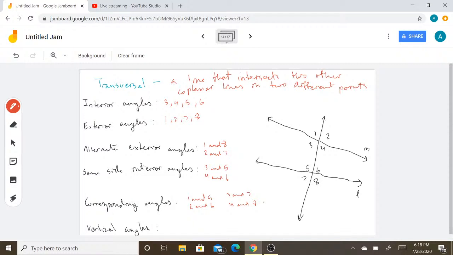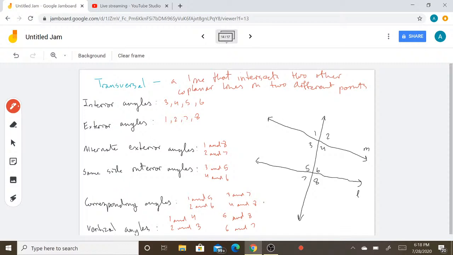Vertical angles, these pairs include 1 and 4, 2 and 3, 5 and 8, and 6 and 7.